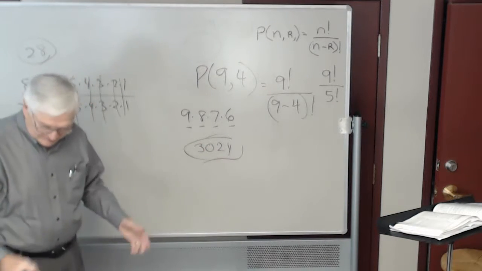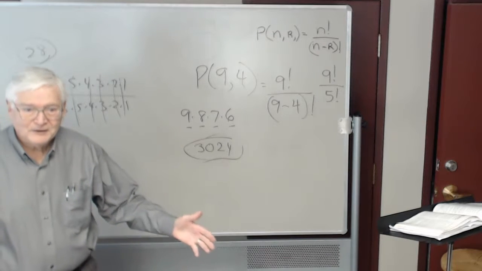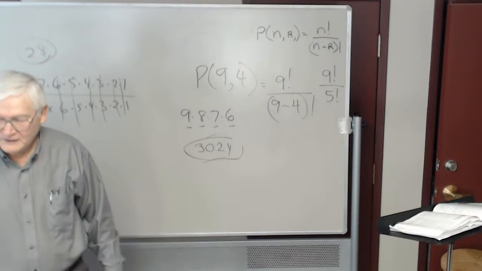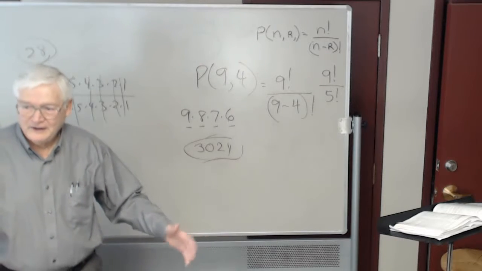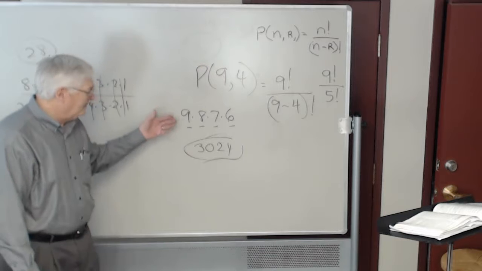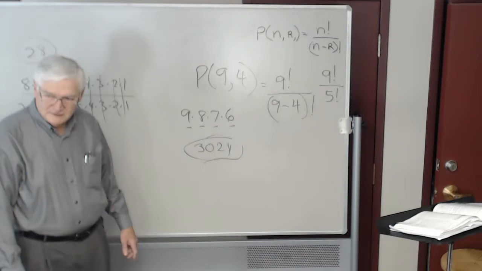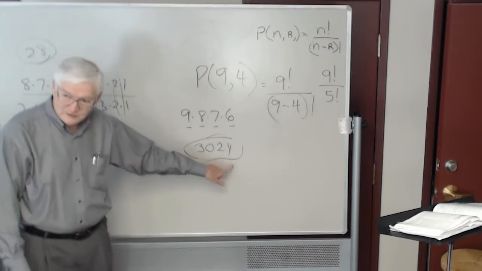So that means if I have 9 people in a room and I have 4 chairs in the front of the room, how many different ways can those 9 people sit in those 4 chairs? 3,024.